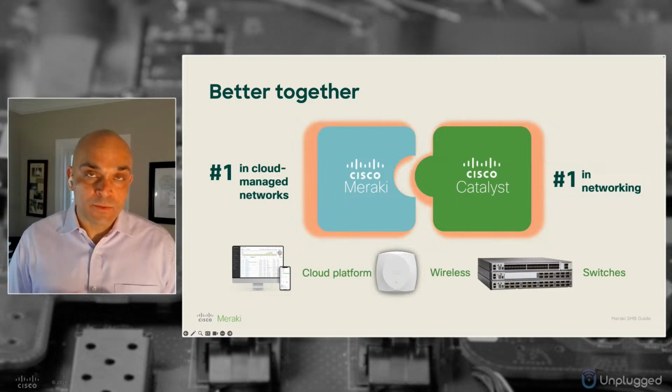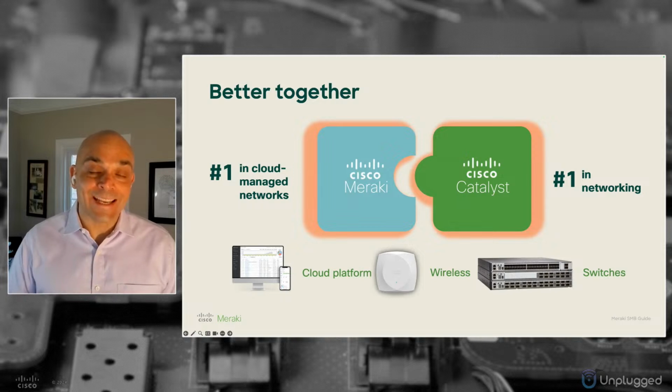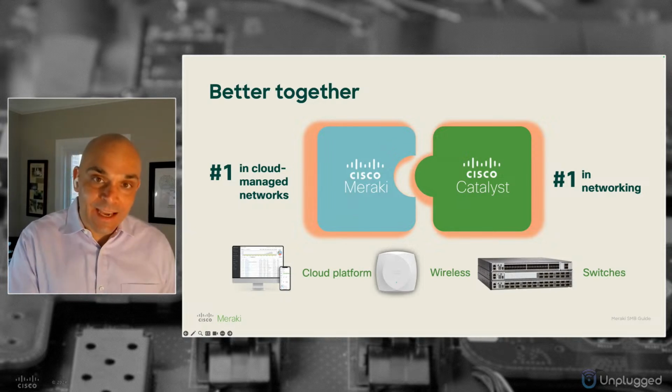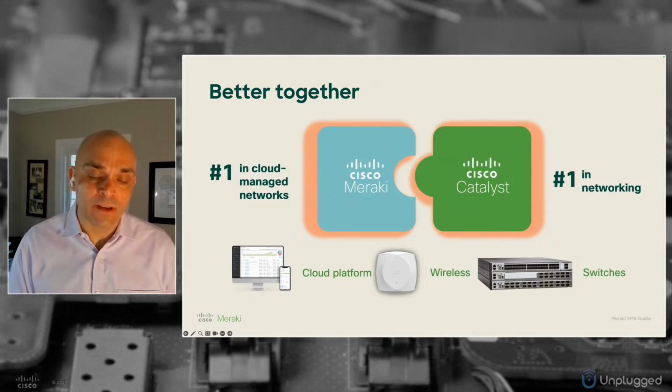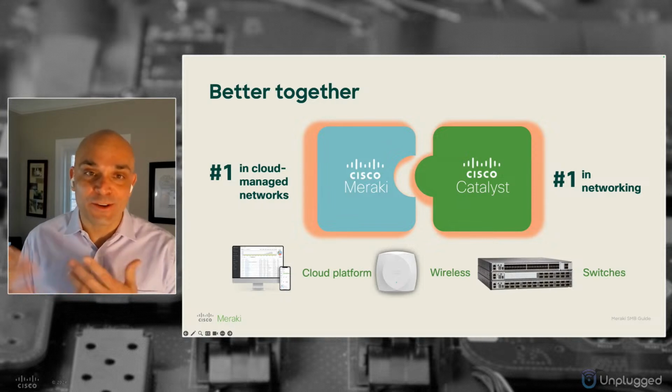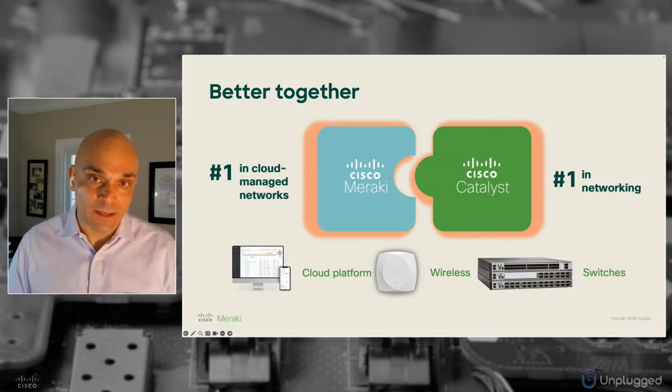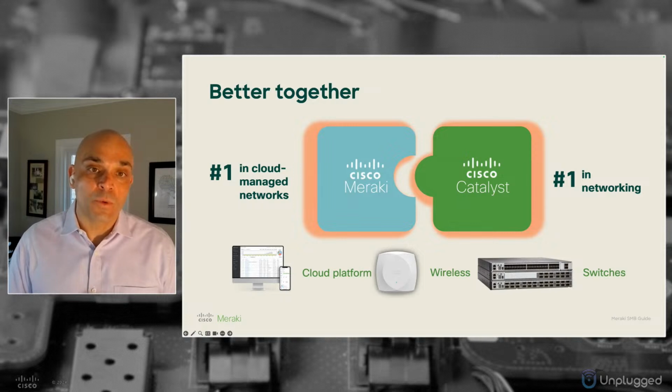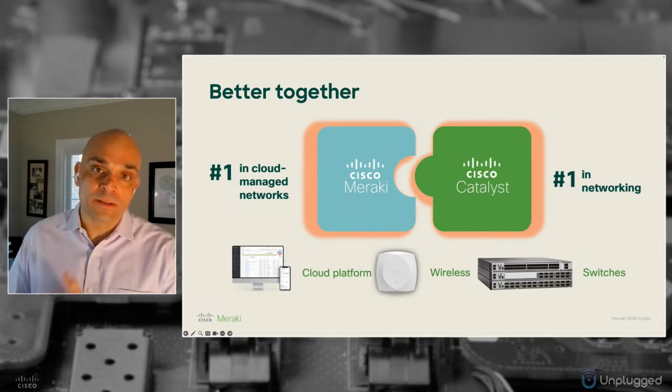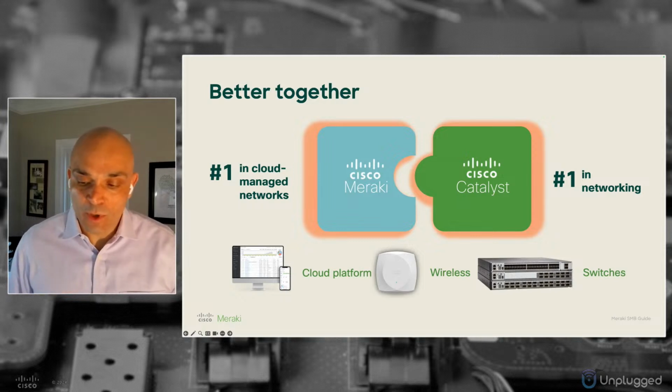And so this really matters to customers that needed that compliance, needed FedRAMP authorization, and had Catalyst products, or were continuing to buy Catalyst products, but couldn't use the commercial cloud. Well, now they can, right? So they can take advantage of what we at Cisco are doing with that portfolio, bringing the number one networking products to the number one cloud managed products.